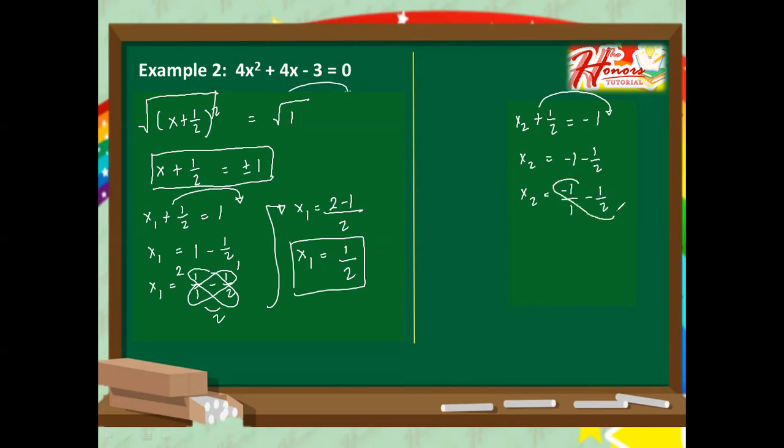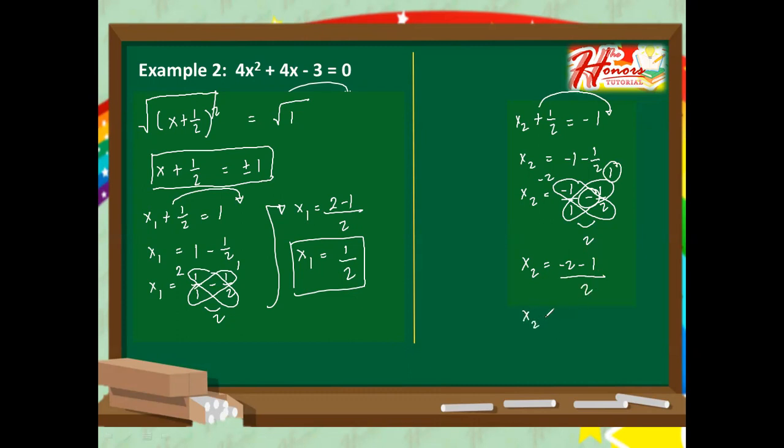So let's multiply negative 1 and 2. So that's negative 2 here. And then 1 times 1, that's positive 1. And then 1 times 2 is 2. And then we have here x sub 2 equals negative 2. Copy the operation here, which is subtraction. So minus 1, because we have here 1. And then over 2.